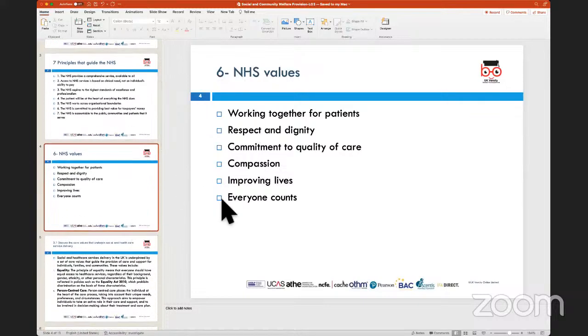So that's the basic two things we need to be aware of when we talk about what the values are and what the principles are. Now we are going to discuss the first criteria, the core values, and in the second part we'll relate it to ethics, which are related to the principles and values of the NHS.